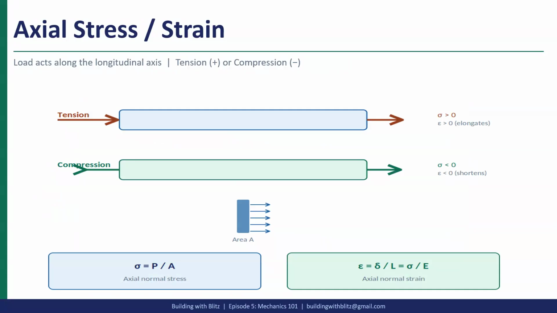So this gives us a clean kind of P over A as defined at the bottom, to where we can get those KSI or PSI values. And similarly, the strain is easy to calculate because everything is acting along the same plane as the cross section.